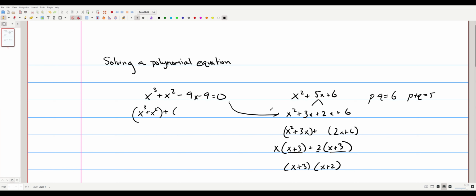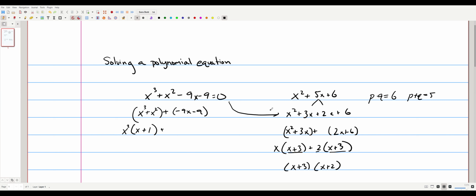Put a plus in the middle. And we're just going to factor out what each pair of terms has in common. So x cubed and x squared, they both share x squared. Well, what's left over? x squared times x is x to the third. x squared times 1 is x squared.